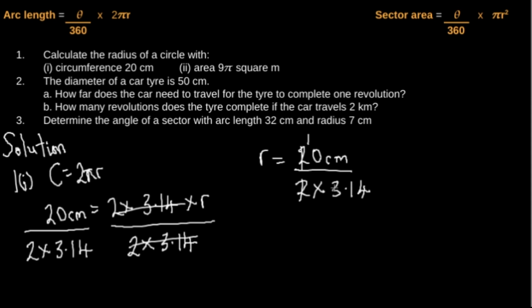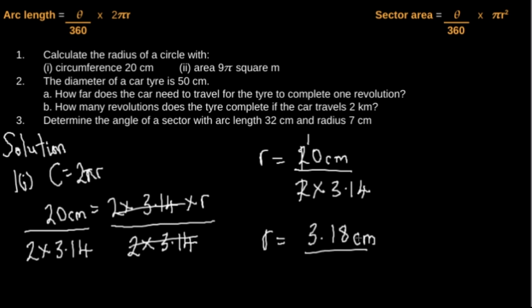Our radius will be 10 divided by 3.14, and that is 3.18 approximately. So the radius of this circle will be 3.18 centimeters. As easy as that.